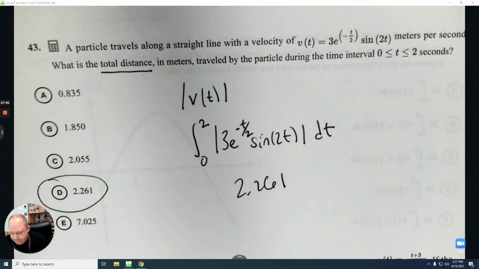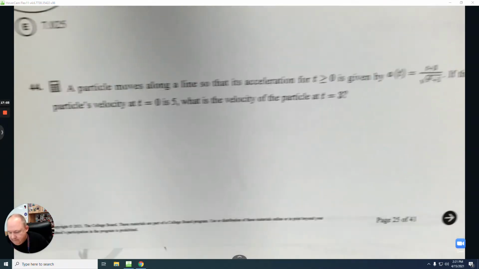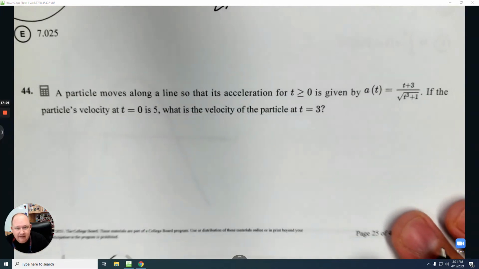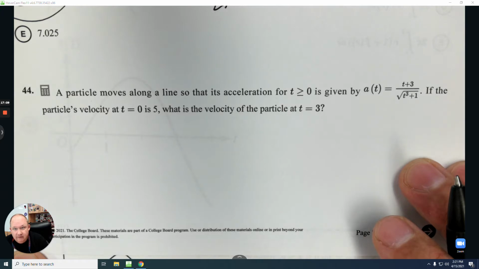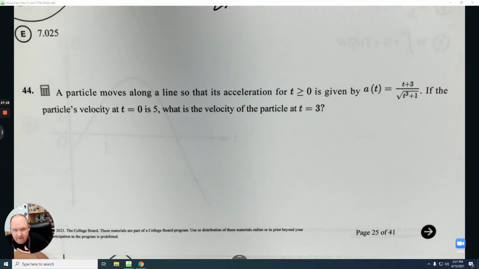Number 44, another calculator question. I'm going to set it up, and then you can type it in the calculator. A particle moves along a line, and its acceleration is given there. If the particle's velocity at t equals 0 is 5, what's the velocity of the particle at t equals 3? So this is a beginning value or starting value question.